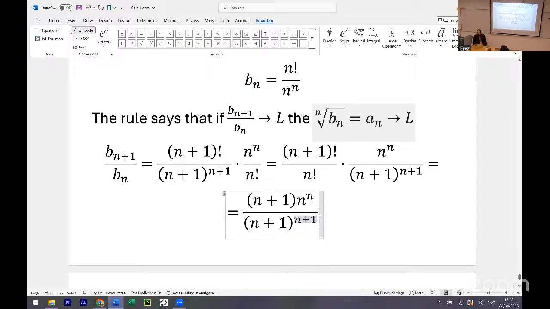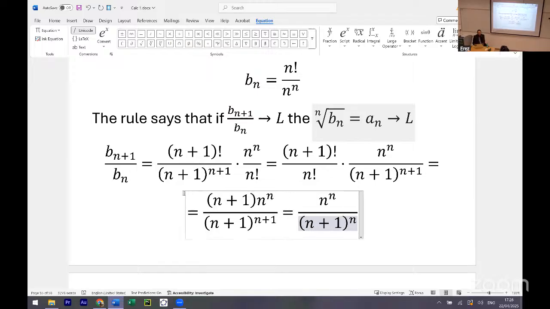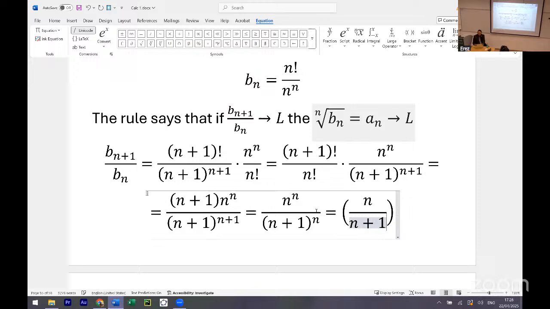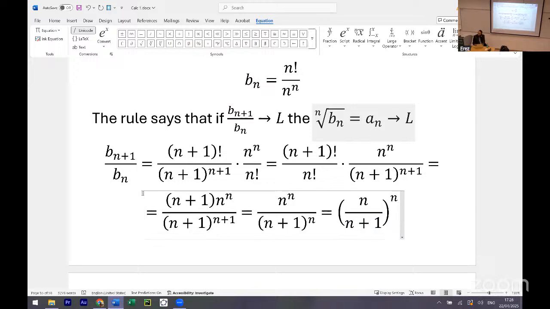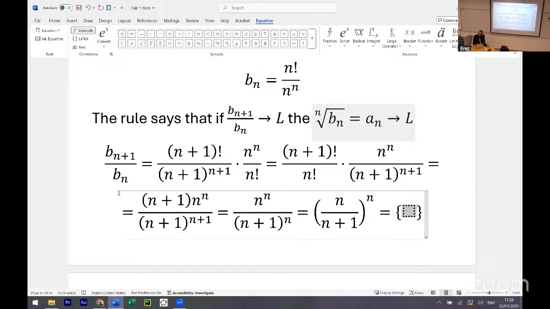This is a bit confusing algebra wise. We can take n plus 1 out and do it over n plus 1 to the n, and now we have n over n plus 1 to the power of n. Agreed? Now let's look at the limits. The limit within the parentheses tends to 1.